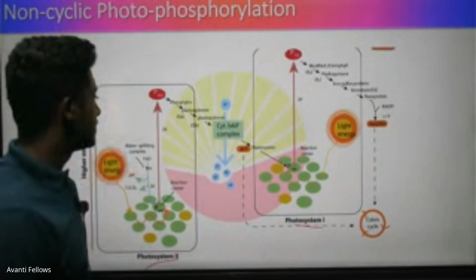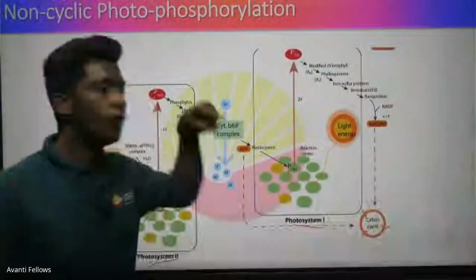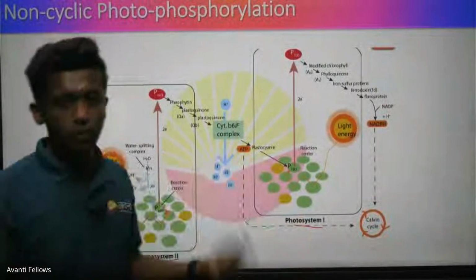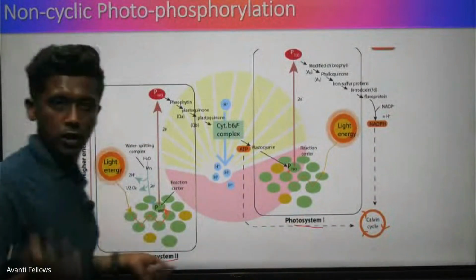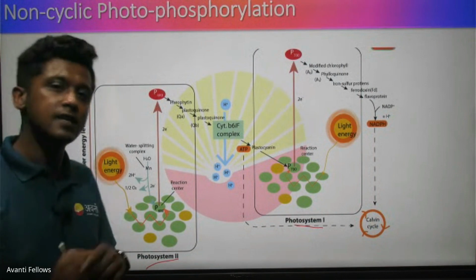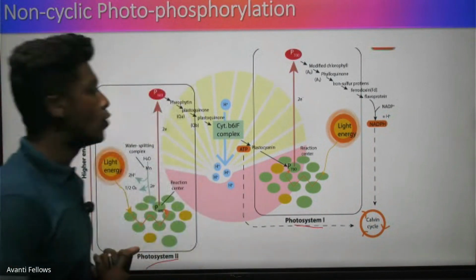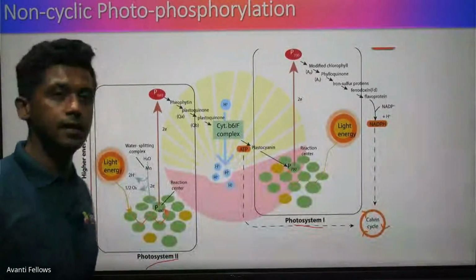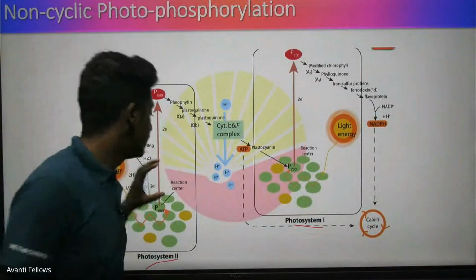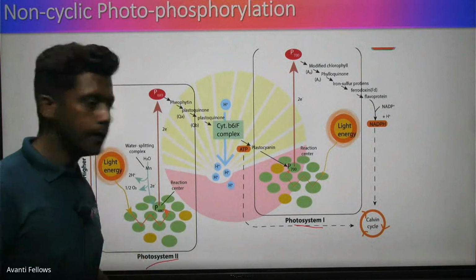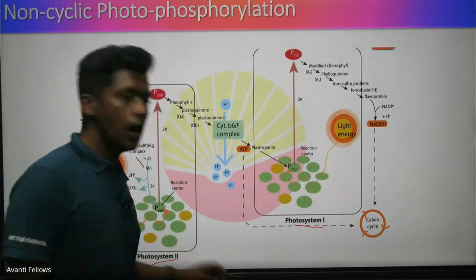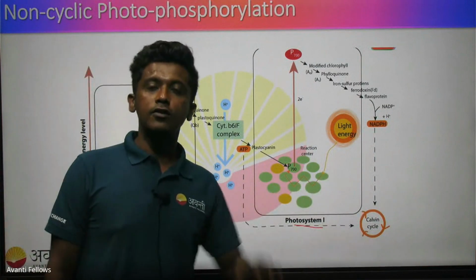Why is it called a Z scheme? It goes downhill the redox potential. That is why we call it a Z scheme. We have two photosystems which are very systematically arranged. First comes photosystem 2 and the next comes photosystem 1.